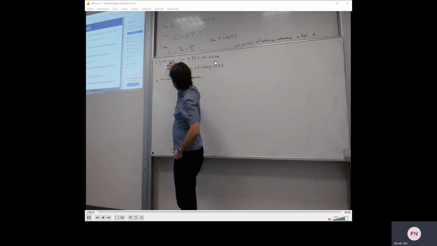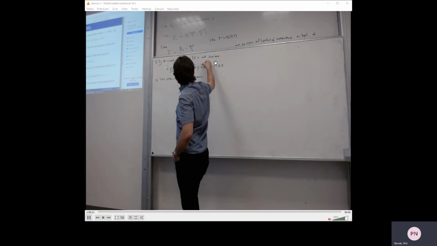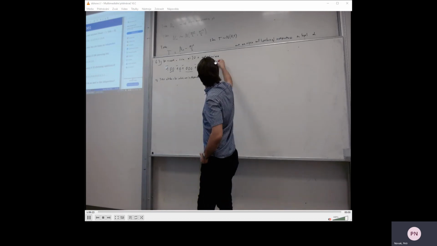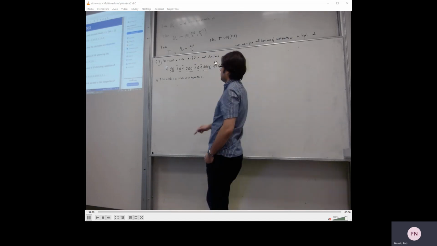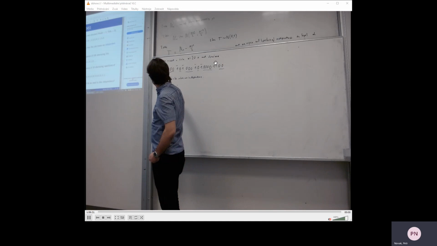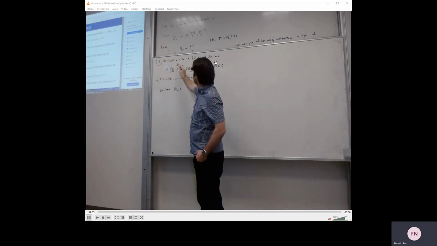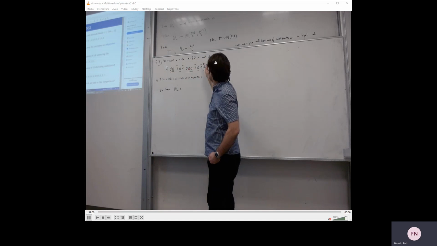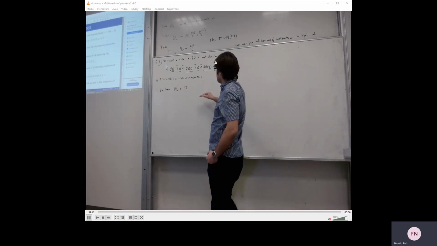So this is one block, this is another block, and so on, and this is a long block, this is a long block, and this is a long block. Okay, so we have 1, 2, 3, 4, 5, 6, 7, 8, 9, 10, 11, 12 blocks not crossing mu.